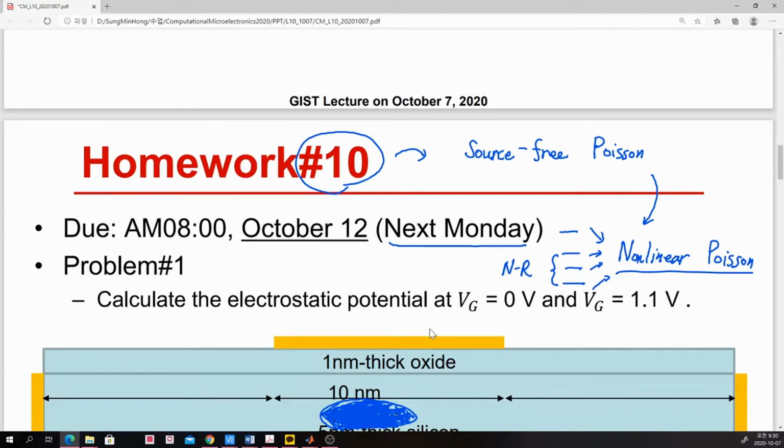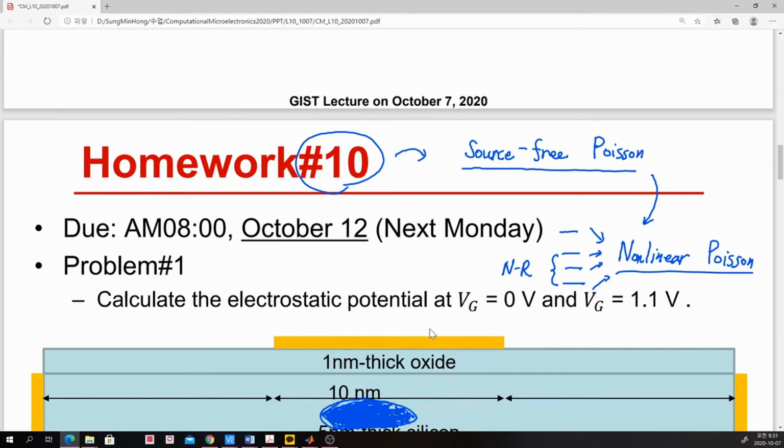So in order to prevent such an unfortunate situation, I recommend you divide your job into two parts. One is the source-free Poisson equation solver.